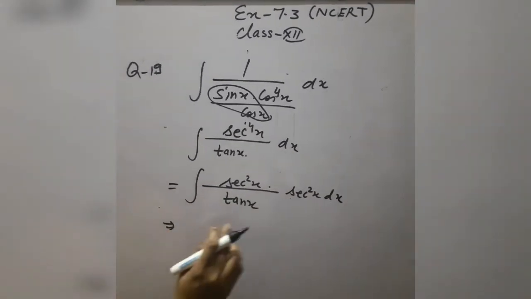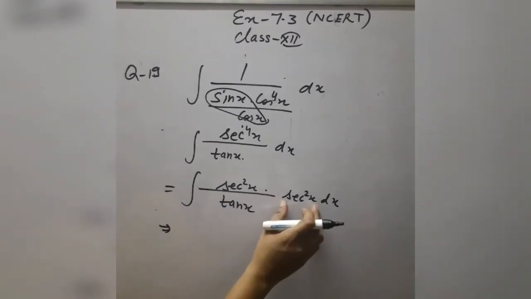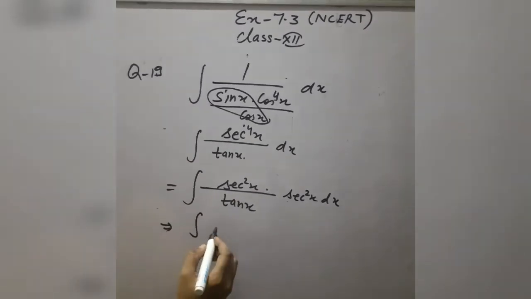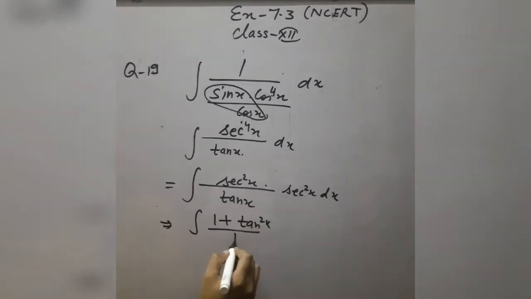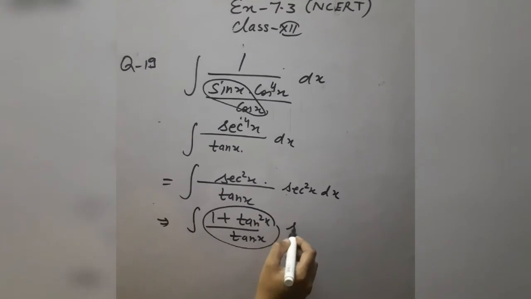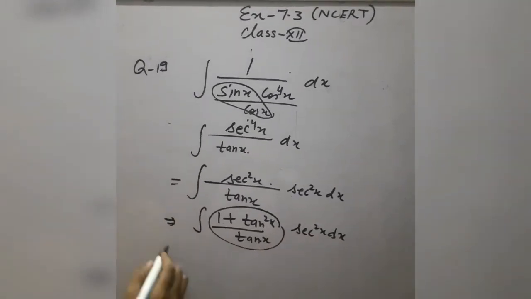And all of you know that derivative of tangent is secant square, and secant square is here. That's why this secant square also we will change it in terms of tangent square. It becomes 1 plus tan square divided by tangent. This complete function in terms of tangent, and here derivative of tangent is also present. That's why we will use substitution method here.